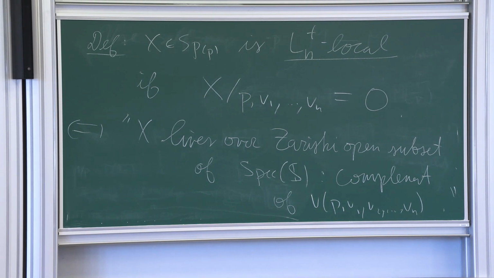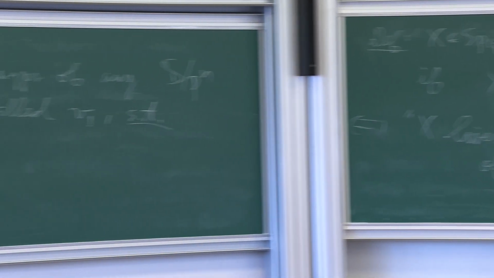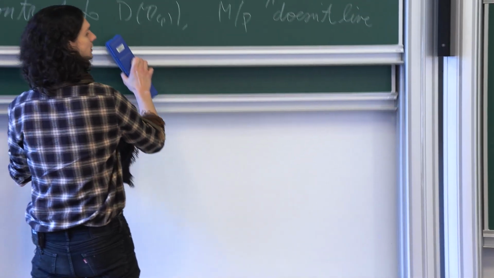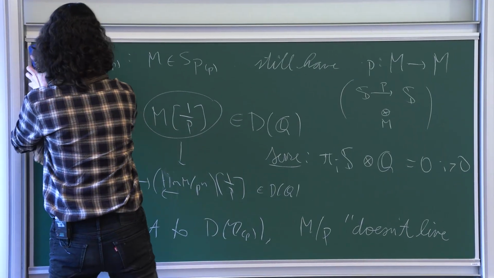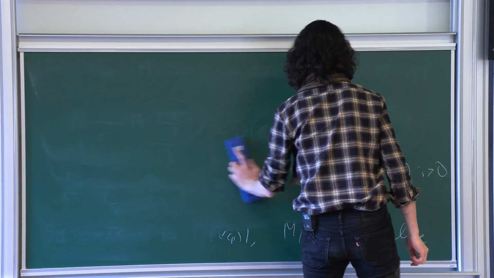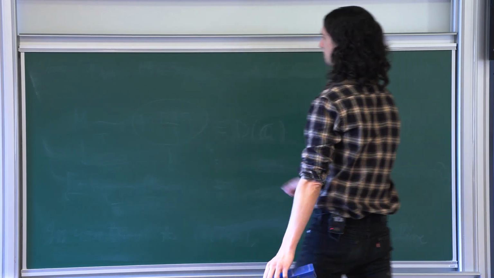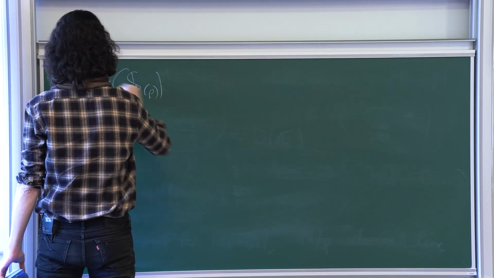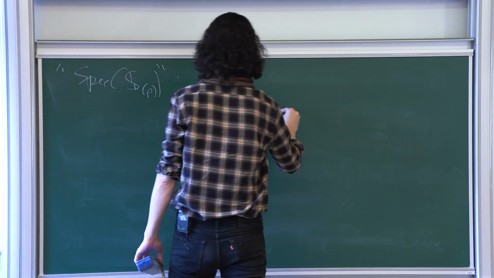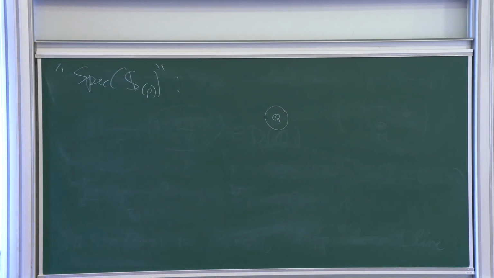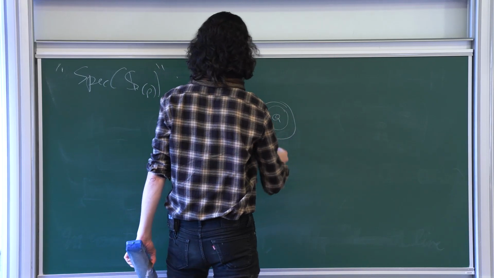Let me draw a picture of spec of the sphere spectrum. So to speak, I mean. So we have an open subset, which looks like, Q. And then we have a slightly bigger open subset.